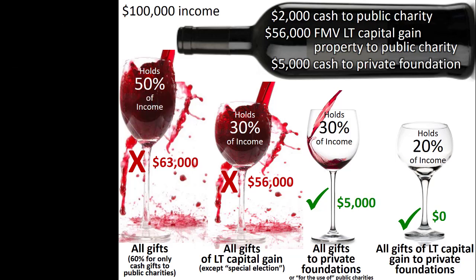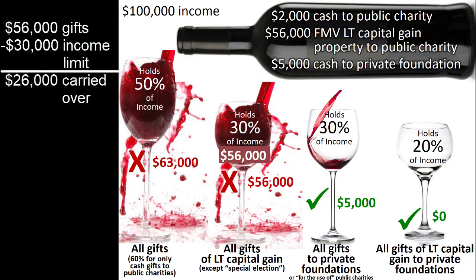The second glass can hold up to $30,000 and includes all gifts of long-term capital gain, except that subject to a special election. The donor, however, has made $56,000 of long-term capital gain property gifts valued at fair market value and therefore not special election property.